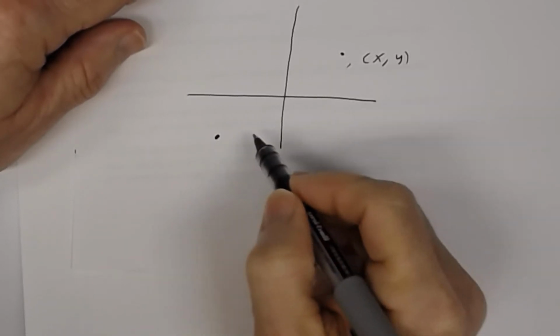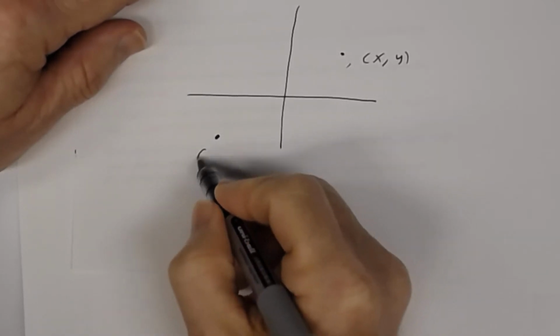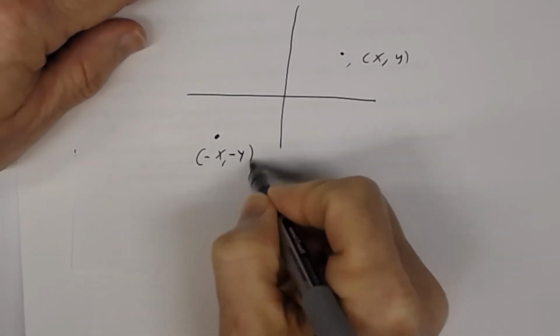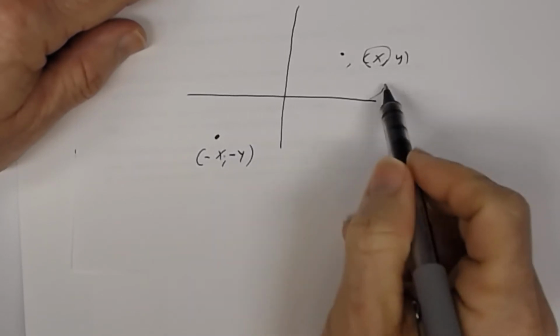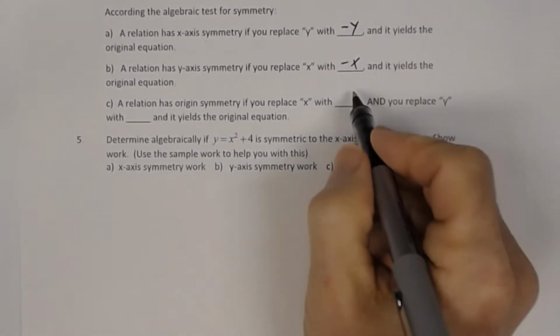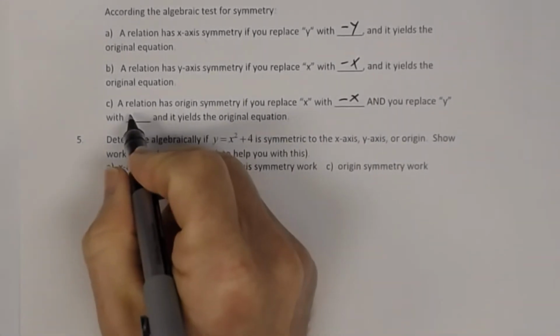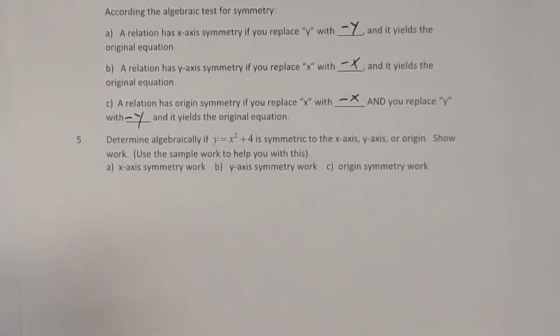And so notice that the coordinates here will be -x, -y. So basically you replace x with -x and then y with -y. So for origin symmetry, you're going to replace x with -x and y with -y. Okay? All right.